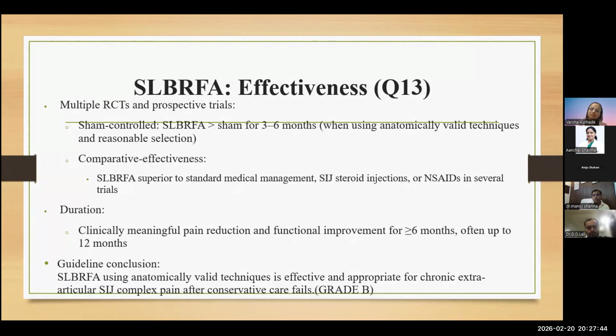It was also found that sacral branch radiofrequency ablation is superior to standard medical management treatments like sacroiliac steroid injection or non-steroidal anti-inflammatory drugs. Pain relief was 6 months or more in most patients, and some patients got more than 12 months of pain relief, and it has grade B evidence.